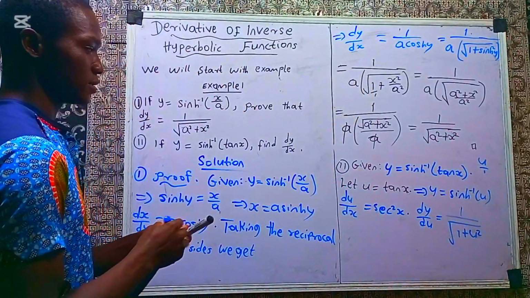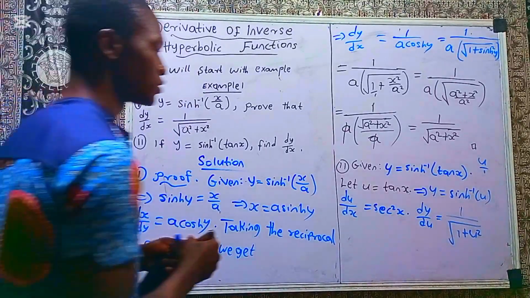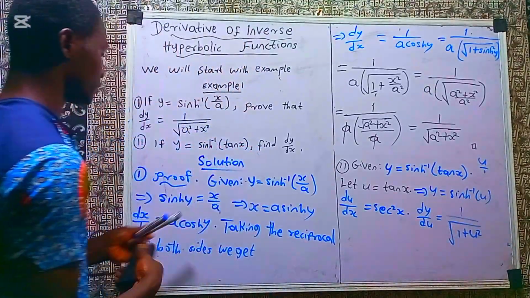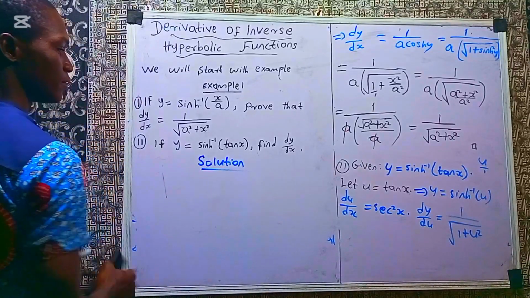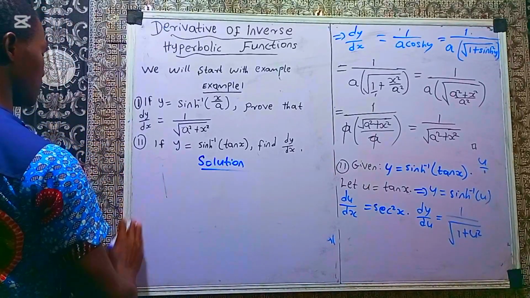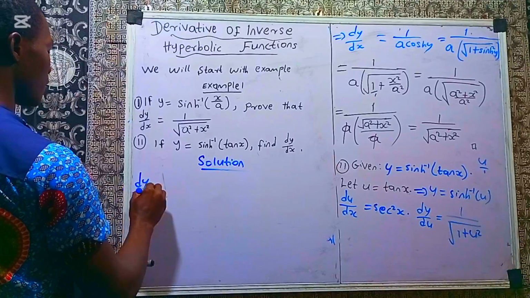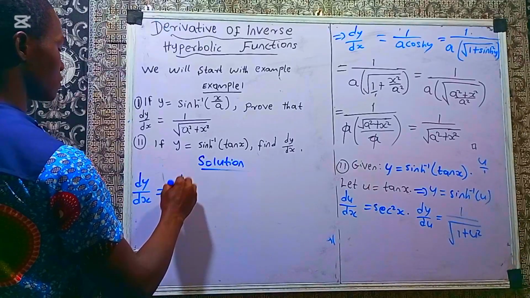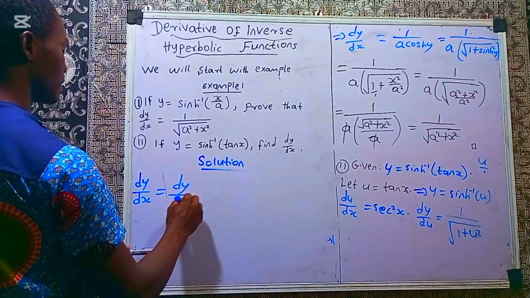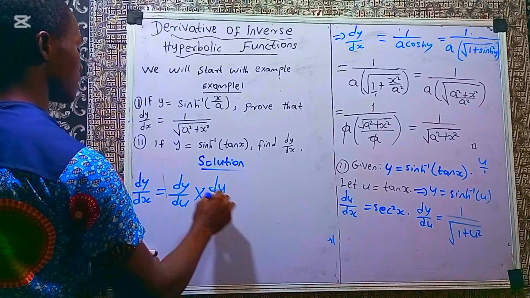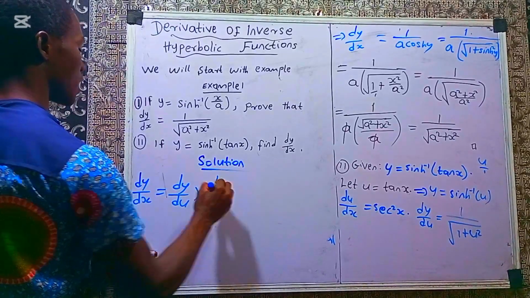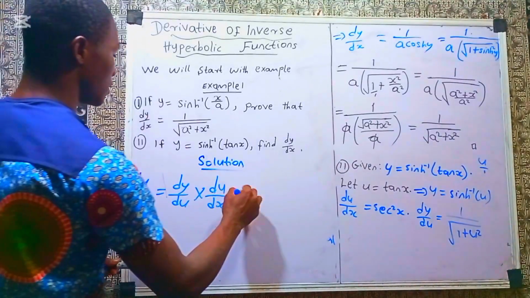So that's the answer to that. So by chain rule we are going to have that the derivative of y with respect to x is equal to the derivative of y with respect to u times the derivative of u with respect to x. So that's what we have by chain rule, right?